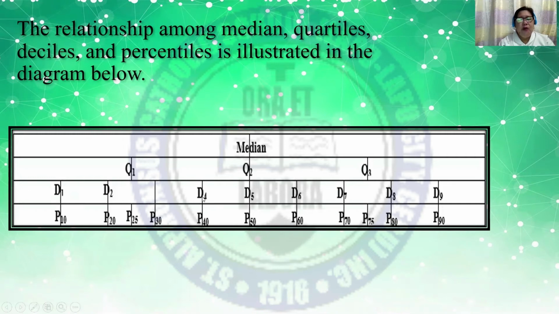D sub 4 is equal to P 40. So the median is equal to the second quartile, the 5th decile, and the 50th percentile. Quartile 3 is equivalent to the 75th percentile. And decile 9 or the 9th decile is equivalent to the 90th percentile.